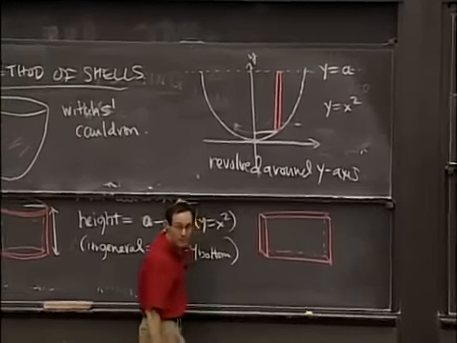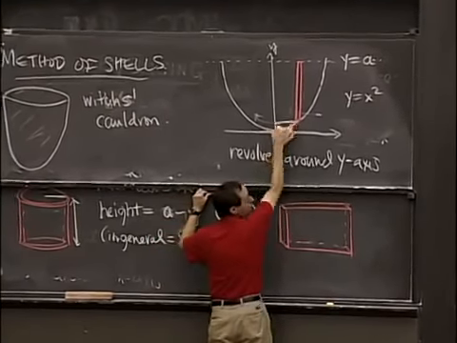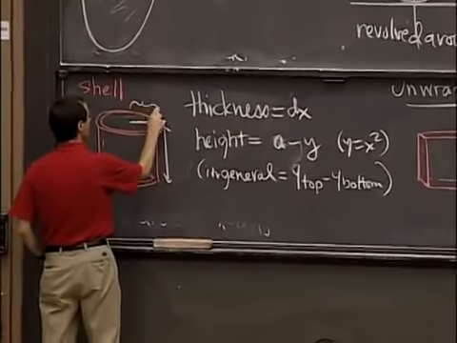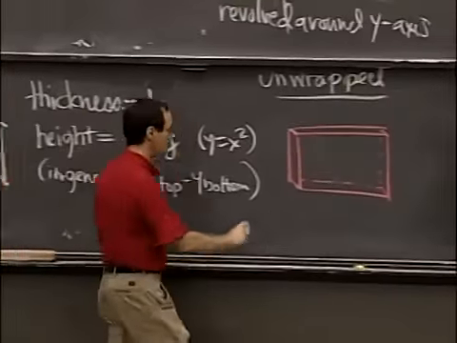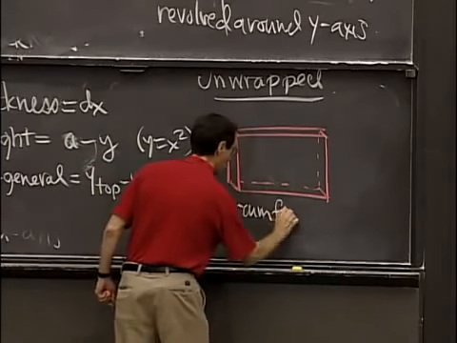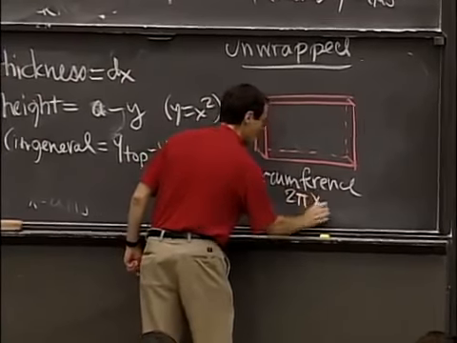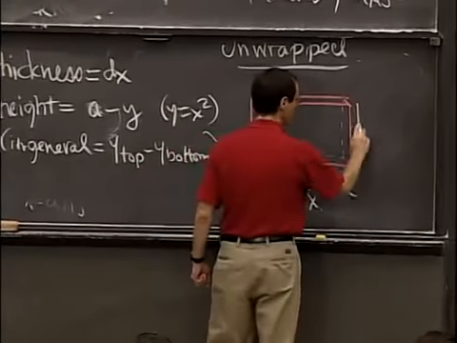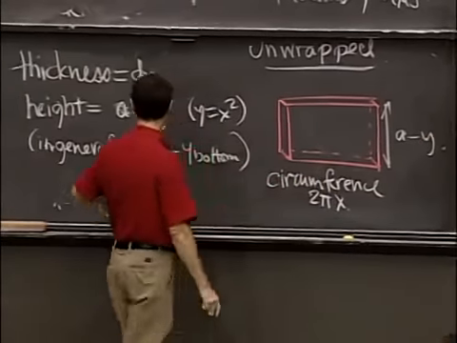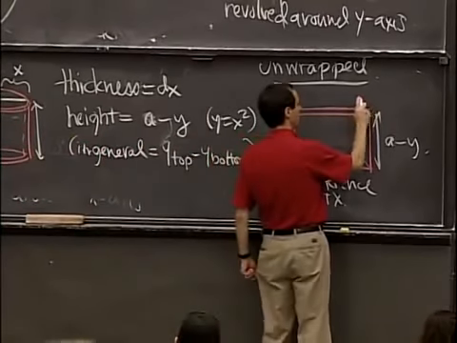This is the radius, and that distance is x. So this length here is x, and so this circumference is 2 pi x. And this height is still a minus y, sorry, and the thickness is still dx. All right?